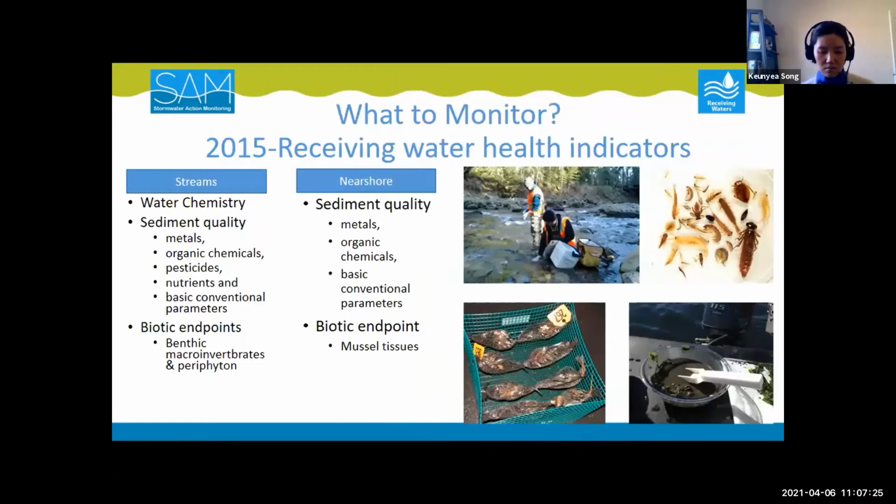The sediment chemistry was only analyzed from the fine sediment fractions for metals, organic chemicals, and pesticides. We only focus on the fine sediment because urban runoff tends to carry more fine particles and more pollutants tend to bind to fines. The biotic endpoints were considered more integrated receiving water health indicators. For streams, B-IBI and diatoms, and for nearshore, mussel tissue contamination levels were used.